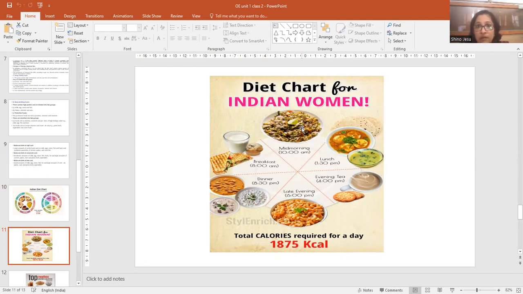Then at lunchtime we can have egg and dal with the rice, and in the evening they have tea and some biscuits. Late evening they can have some healthy snack. For dinner they can have rice, rajma, and some curries. So it should be about 1,000 calories.